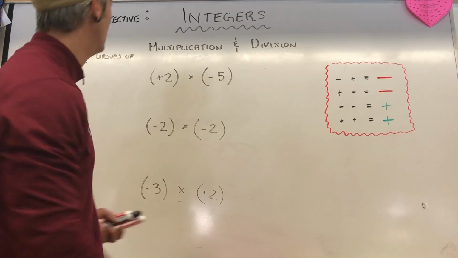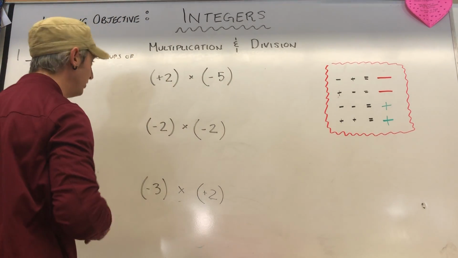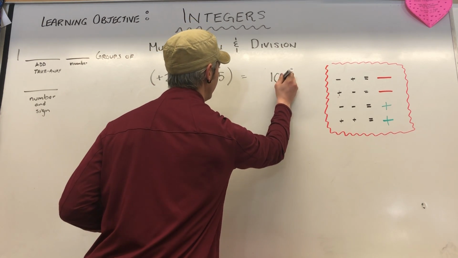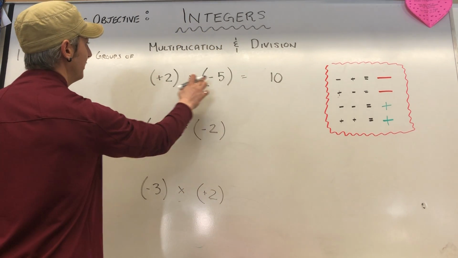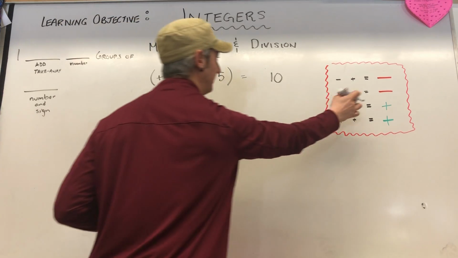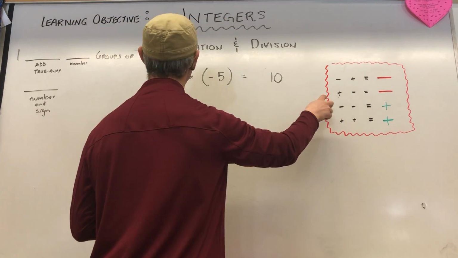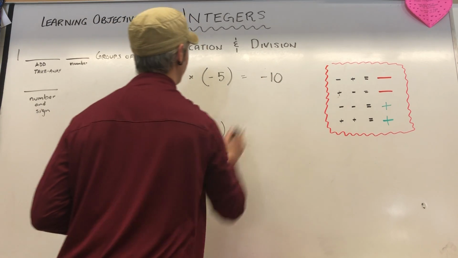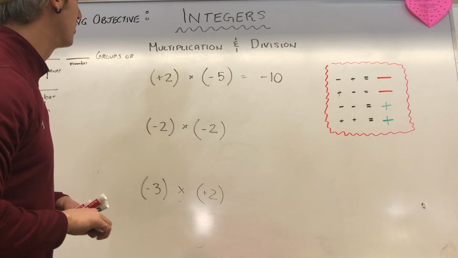So I look here. 2 times 5. I know 2 times 5, regardless of the sign, is 10, and I know I've got a positive and a negative, which are different signs, so it's going to be negative. So this will be negative 10 is my answer. And then I go through it and do it properly.